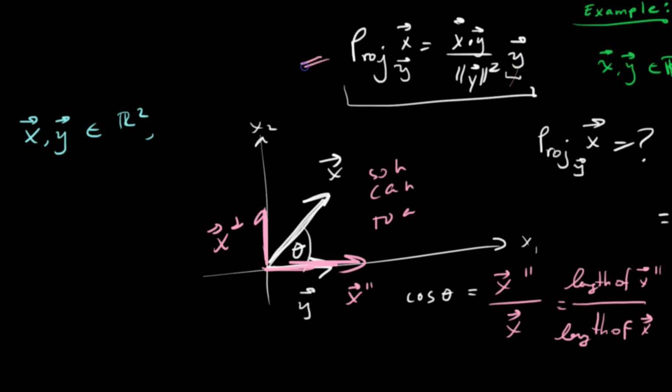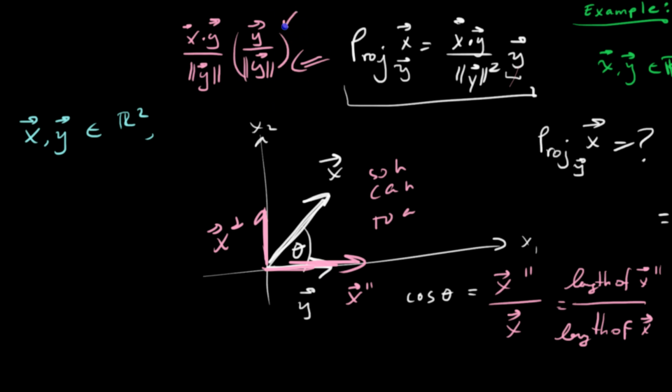But notice this very big idea, that this is just the same thing as saying x dot y over the magnitude of y, times y over the magnitude of y. Right? It's the same thing, because this thing just becomes y squared.